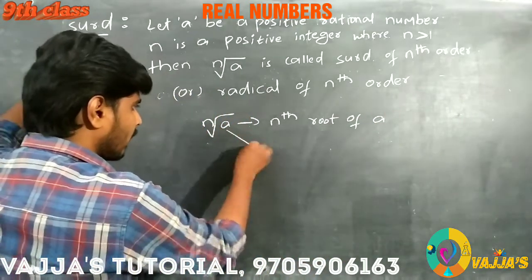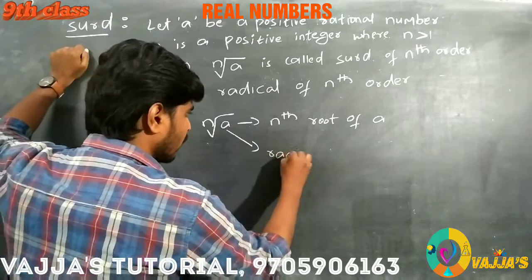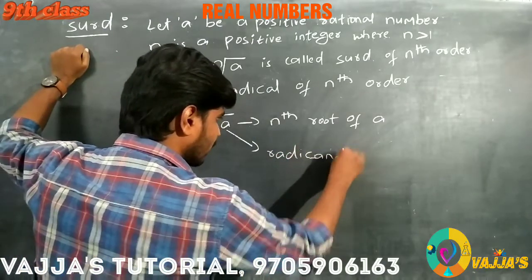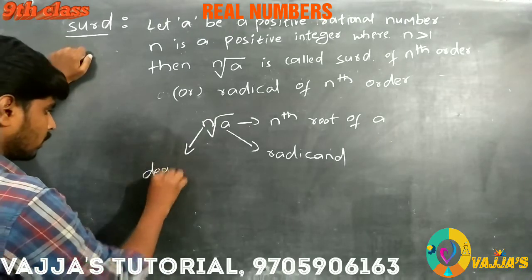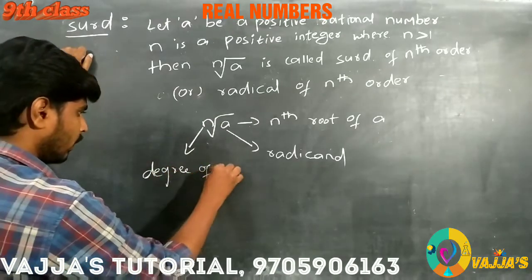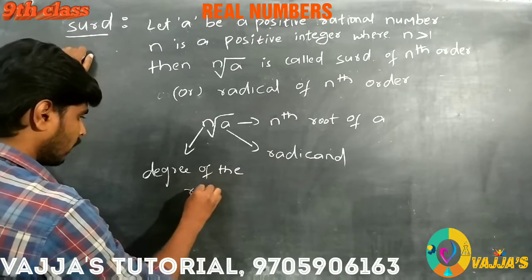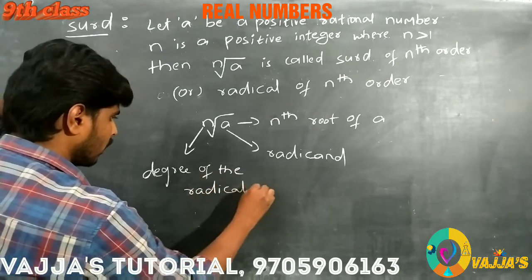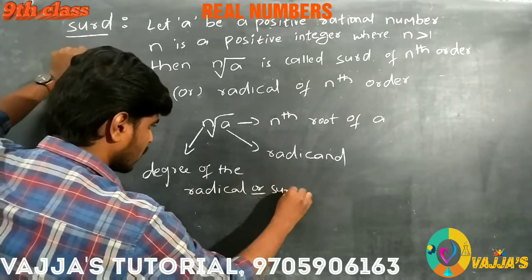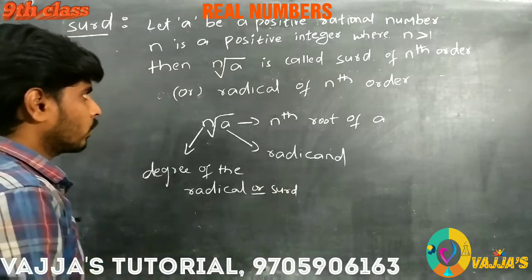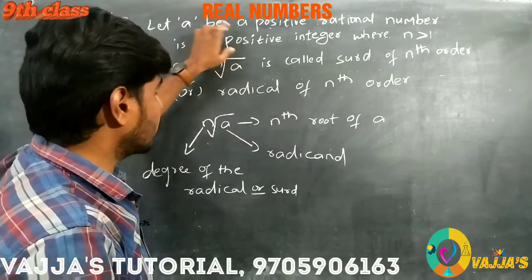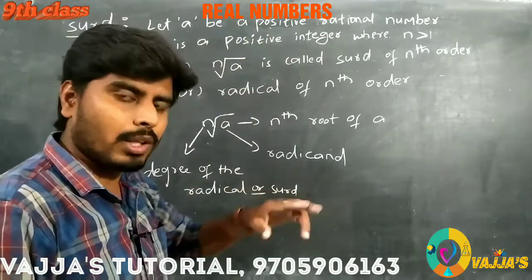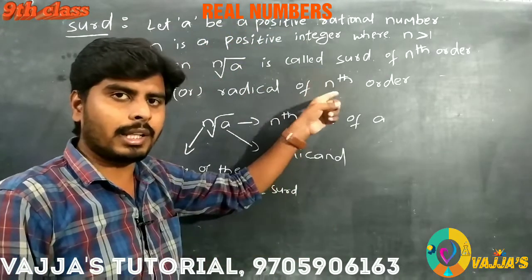Here a is the radicand and n is the degree of the radical or surd. So nth root a is a surd if a is a positive rational number, n is a positive integer and n is greater than 1.